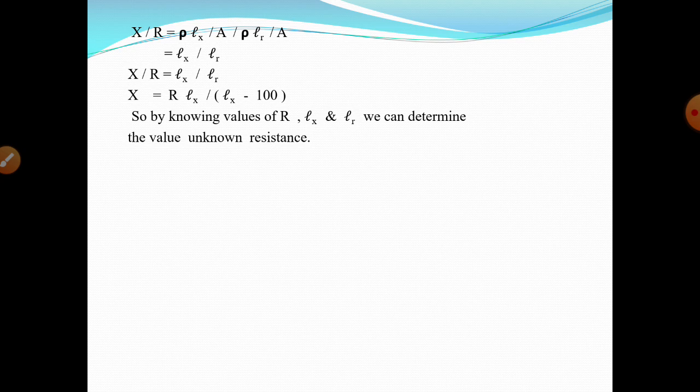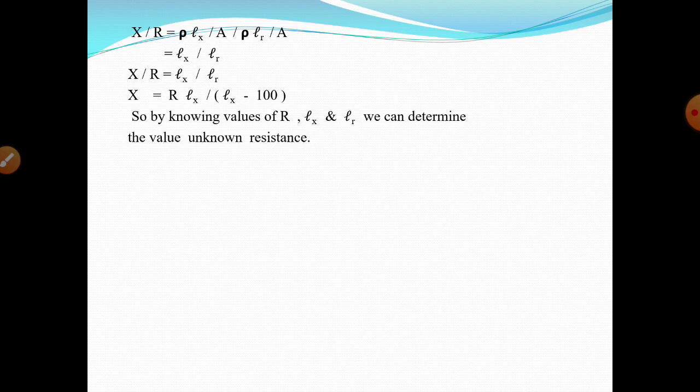Now we can minimize these errors by taking some precautions. First, we have to use a wire of uniform cross section.